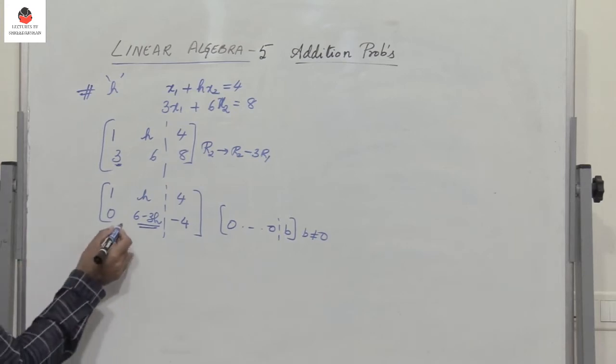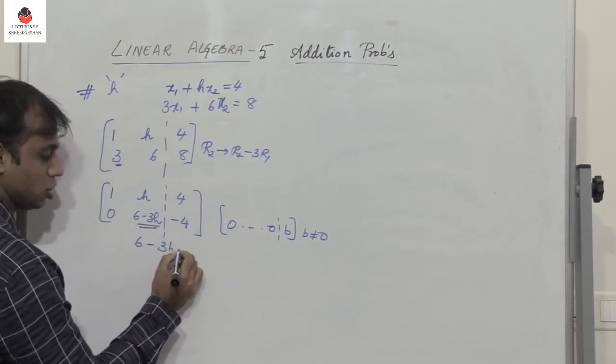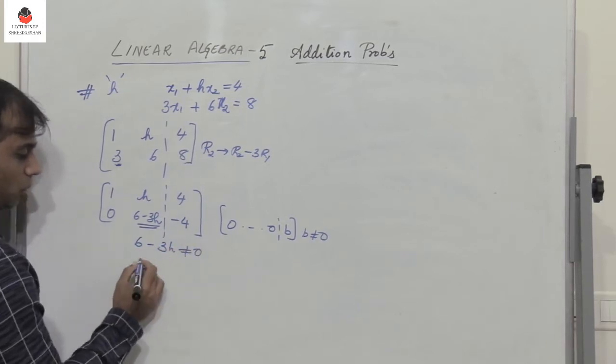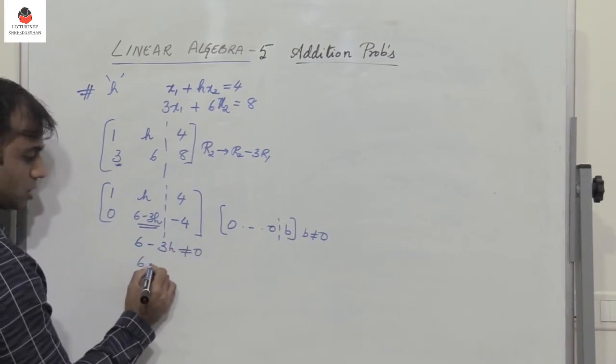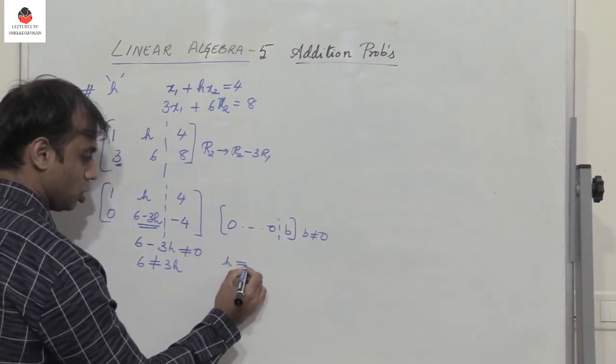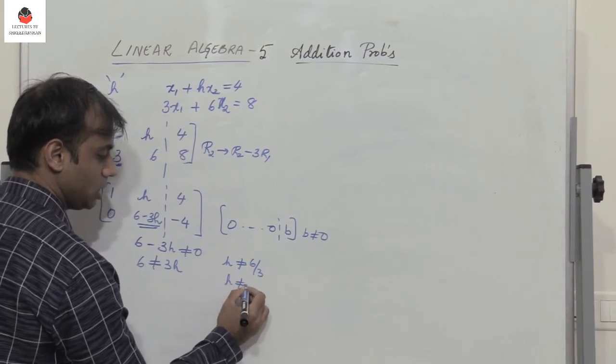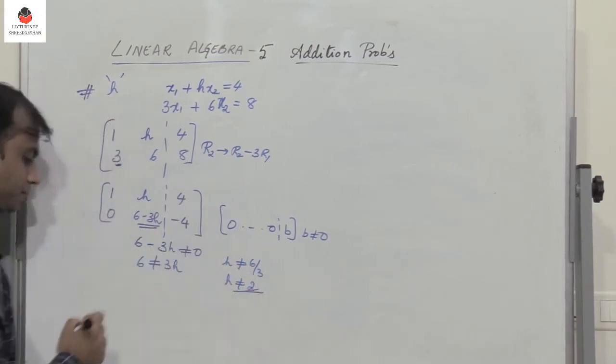So therefore, this element should not be equal to 0. So 6 minus 3h should not be equal to 0, or 6 should not be equal to 3h, or h should not be equal to 6 by 3. That means h should not be equal to 2.